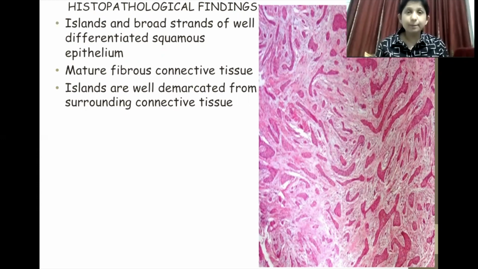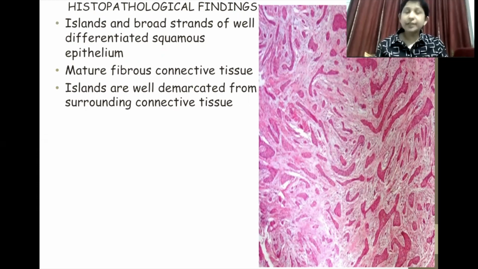That means it is a pure odontogenic epithelial tumor. Secondly, we can see numerous small islands of squamous cells interspersed in this stroma. These islands have to be distinguished from the malignant carcinoma islands of squamous cell carcinoma.